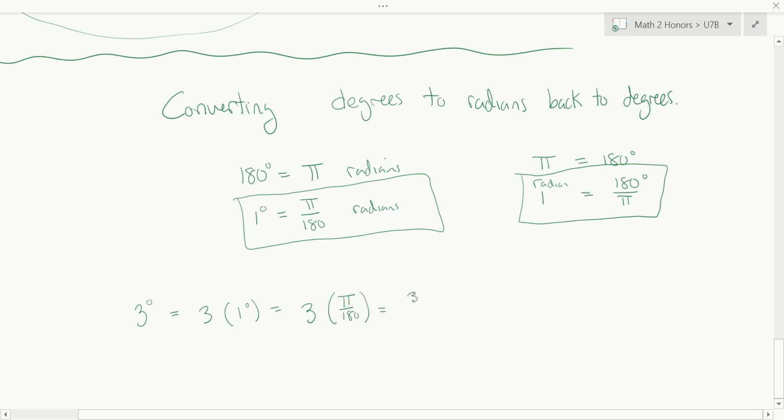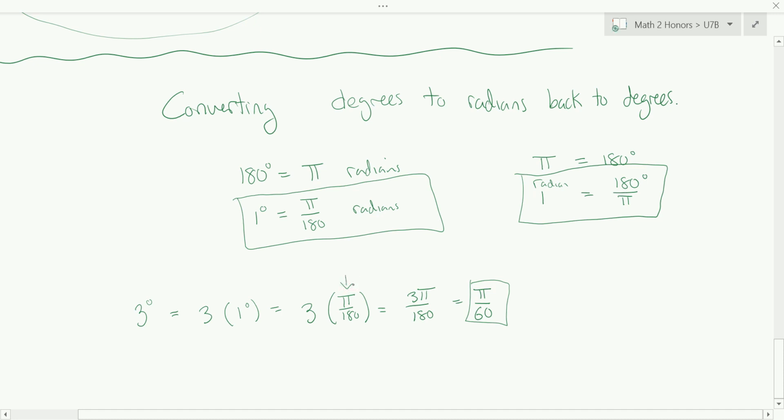And I get 3 pi over 180. And I can reduce that to pi over 60 radians. So 3 degrees is pi over 60 radians. And again, the key was to plug in or multiply 3 by pi over 180.